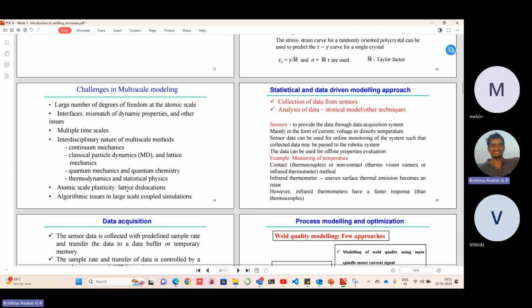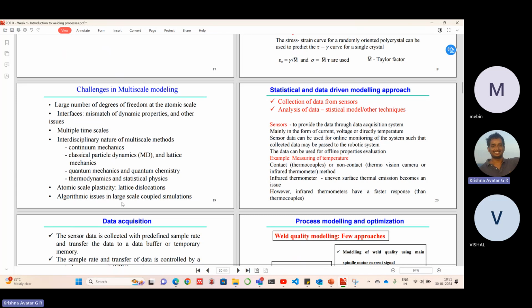We can also have atomic scale plasticity, which is because of dislocations of the lattice points, which could be atoms. So because of that there could be dislocation, and it leads to plasticity in the material.